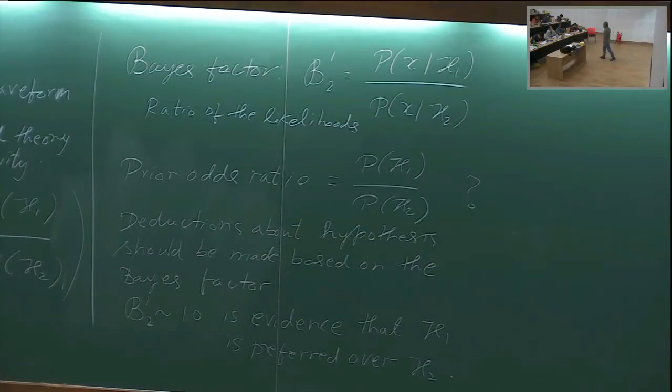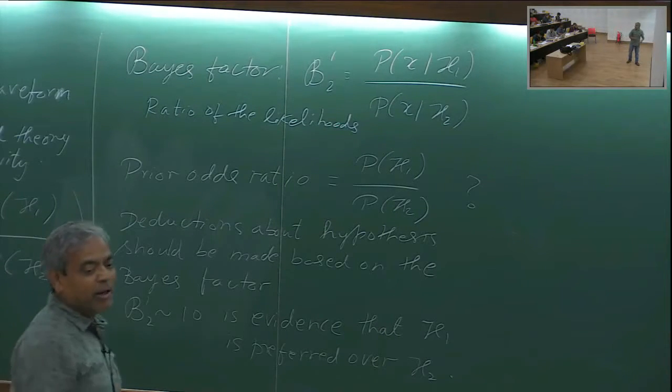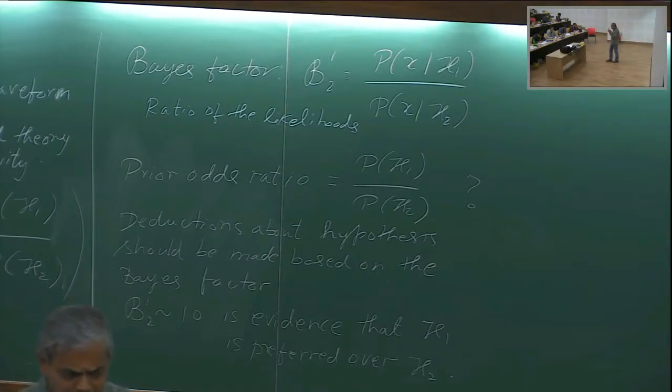You might immediately jump at me and ask me why 10, why not 5, 3, 7. That's just a personal choice. The larger the Bayes factor, the greater the confidence in a particular model. So that's just the intuitive feeling about how we decide which model should be preferred.